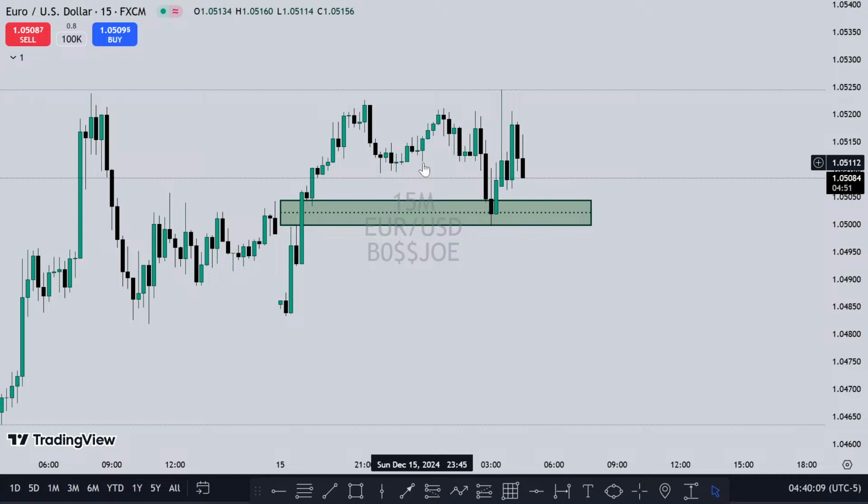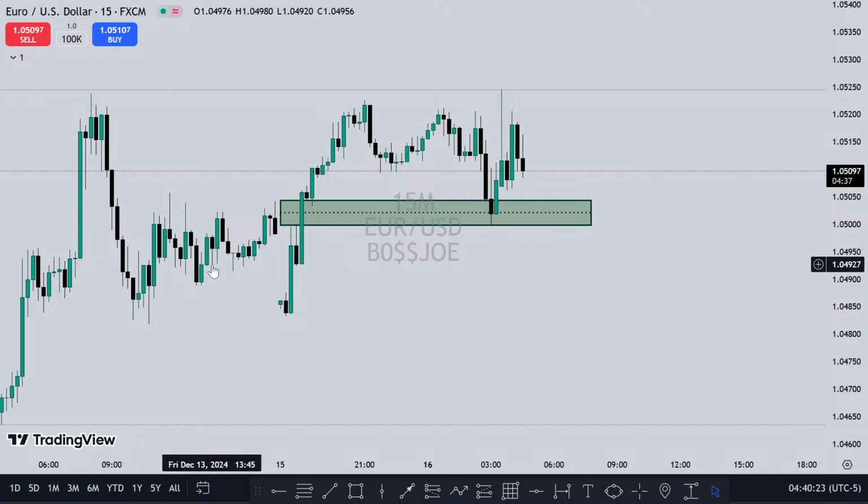These two basic things move price. First is inefficiency in price delivery. Second is liquidity.